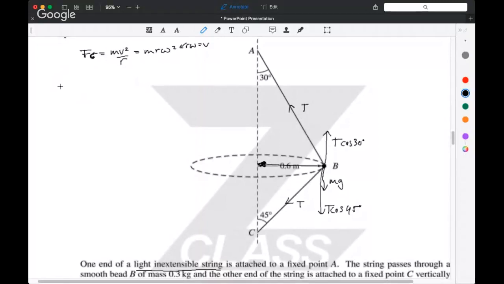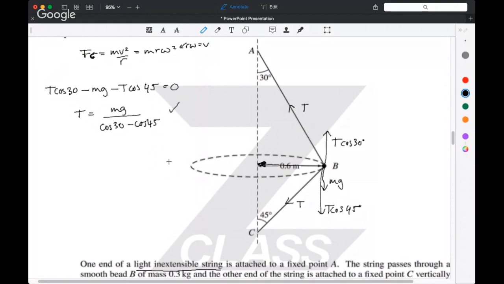So pulling up, we have T cosine 30 minus mg minus T cosine 45 equals 0. Then you can solve for T, because T is equal to mg over the cosine of 30 minus the cosine of 45. And this will give you an expression for T.